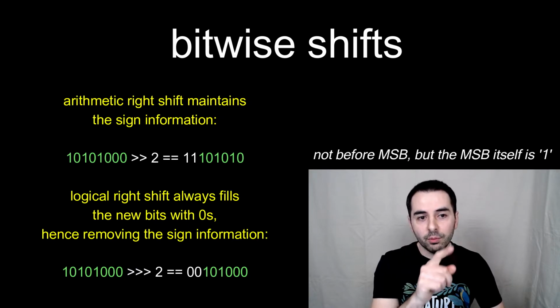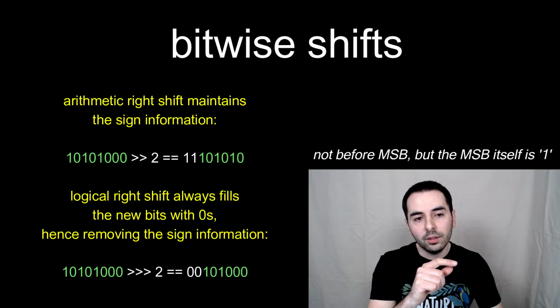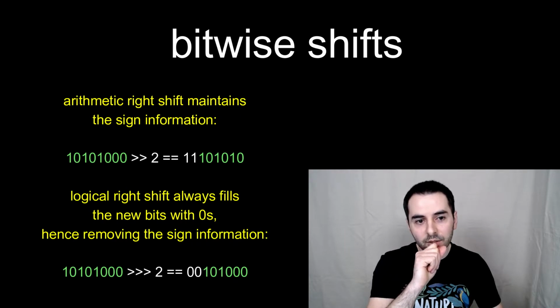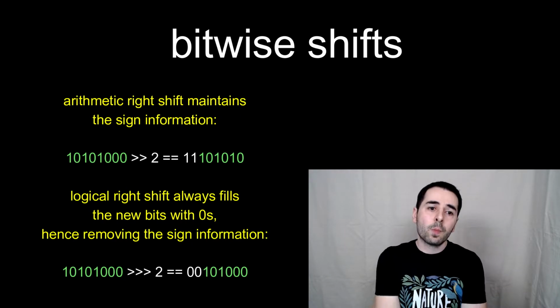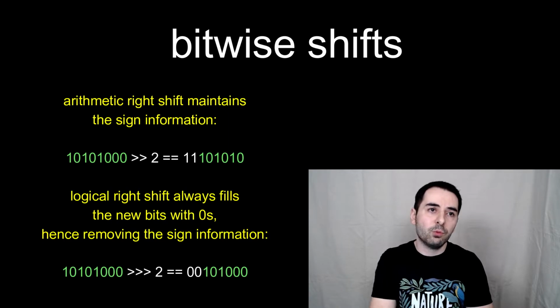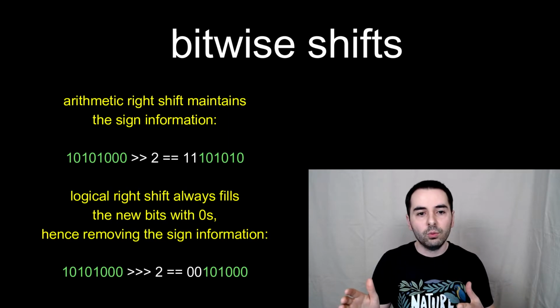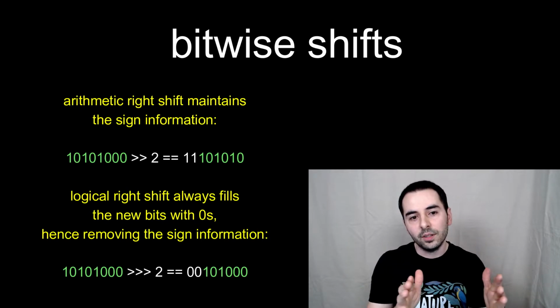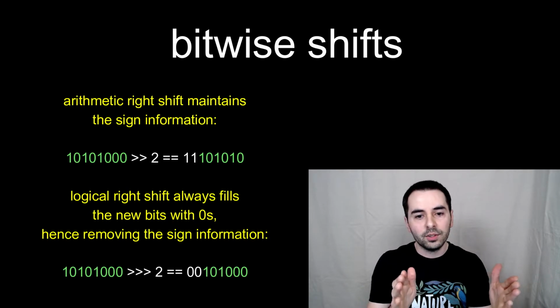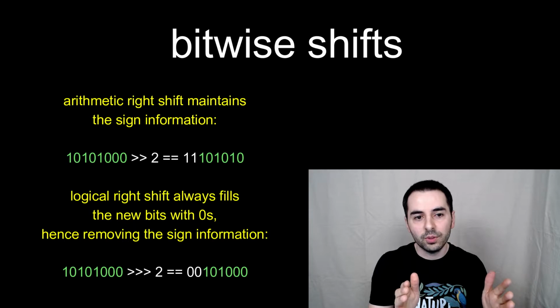So before the most significant bit, we add one extra digit, and if it's set to 1, it means it's negative. If it's set to 0, it means it's positive. So for negative numbers, when we shift to the right, we don't replace all the extra carried over digits with zeros. We keep the first one as 1 to keep the sign.